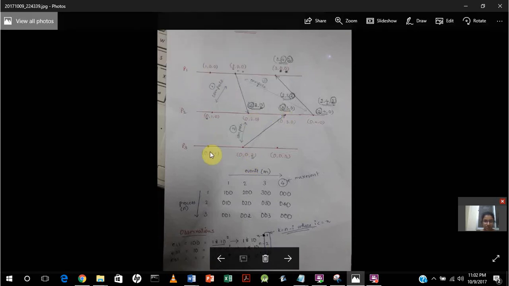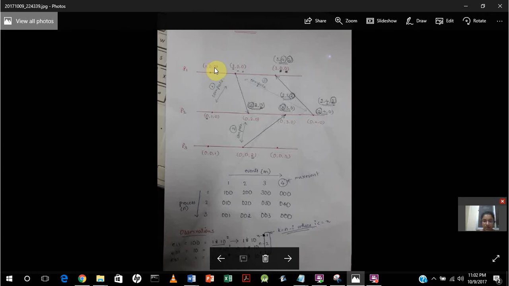We have three processes, P1, P2, P3, having 3, 4 and 3 events in each of the processes respectively. So this number defines that event 1 of process 1 is 1, and this says event 2 of process 2 is 0.